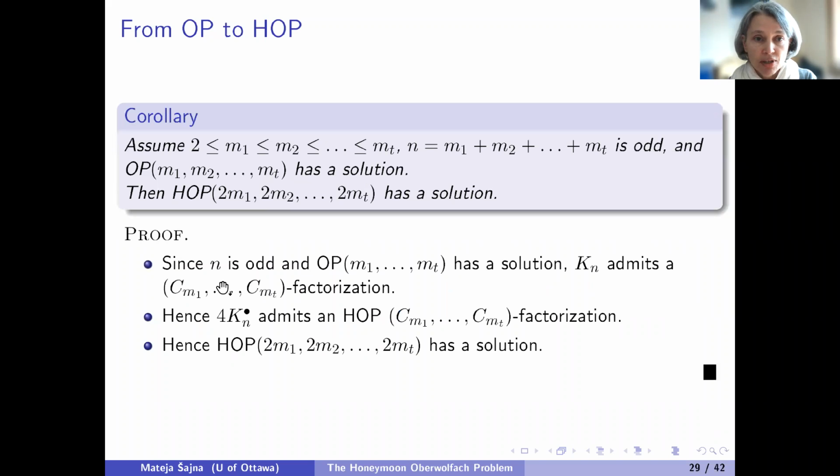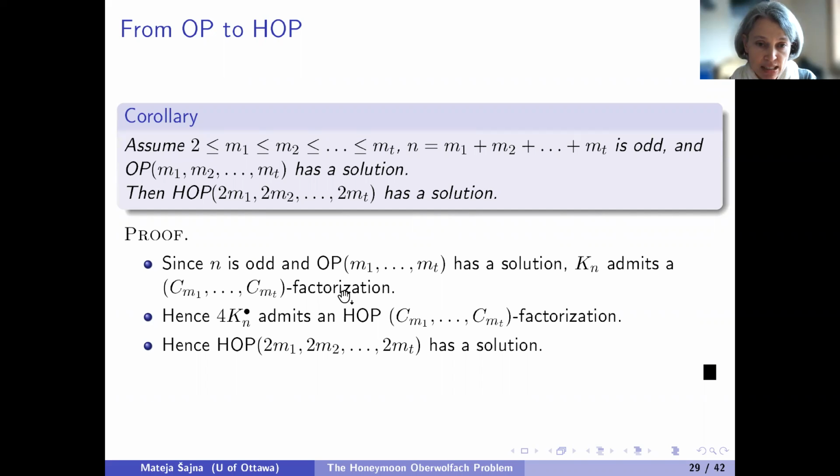A quick corollary of this result is that a solution to HOP with twice the cycle lengths follows from a solution to OP with cycle lengths M1 through MT, assuming that the sum of the cycle lengths is odd. So if OP M1 through MT has a solution and the order is odd, that means that the complete graph admits a two-factorization of this specified type.